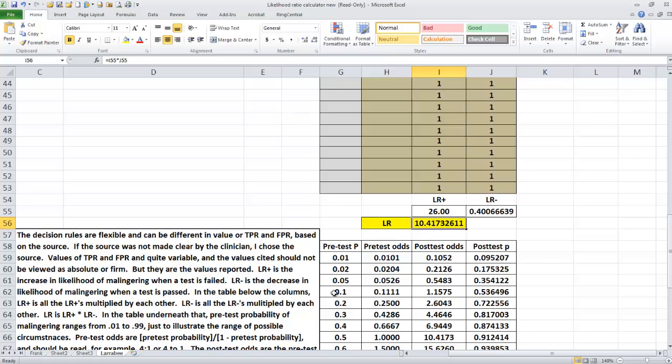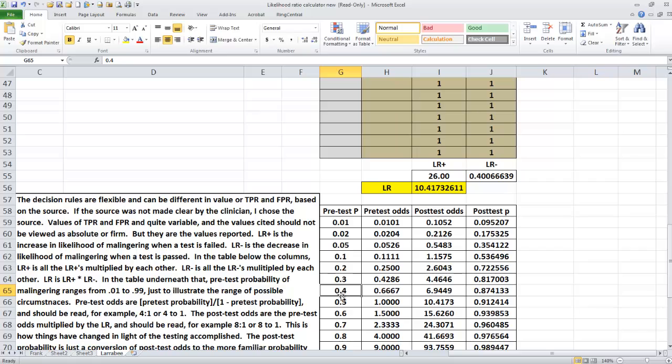And so if you had pre-test odds of 40%, which is a standard neuropsych idea that 40% of forensic neuropsych cases are feigning, then your post-test probability is 87.87, which is a very good increase.